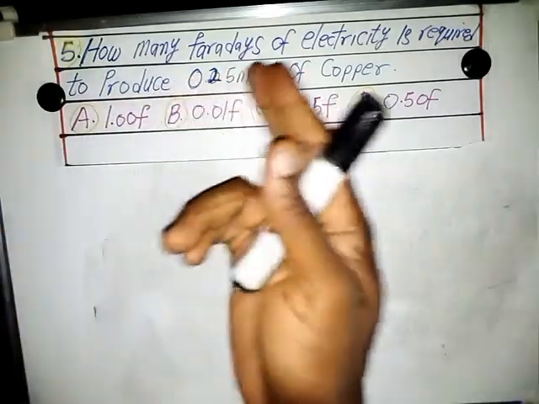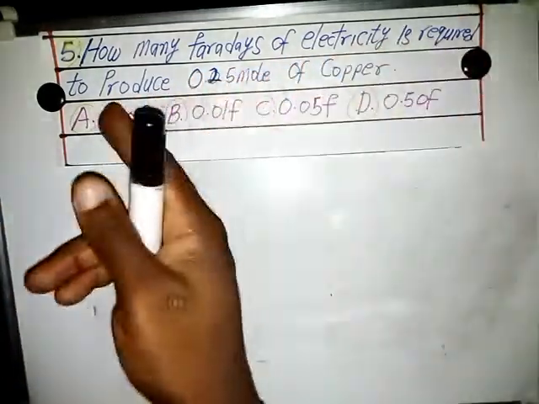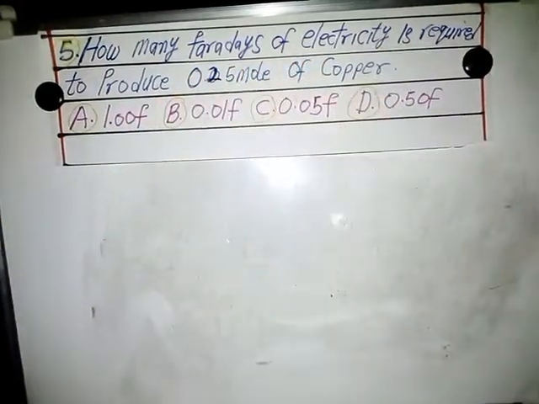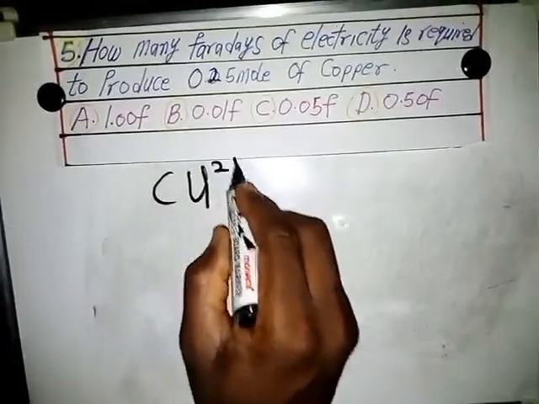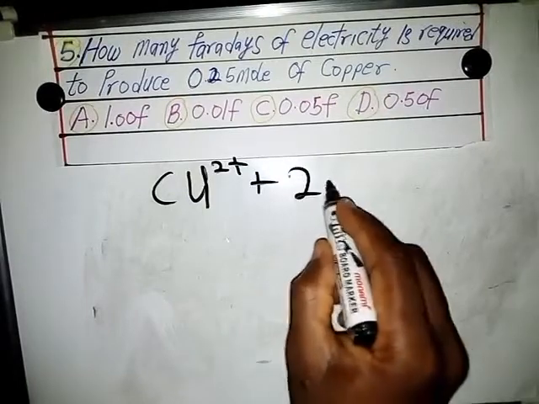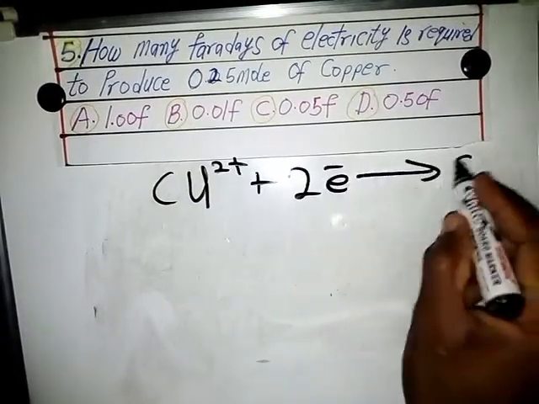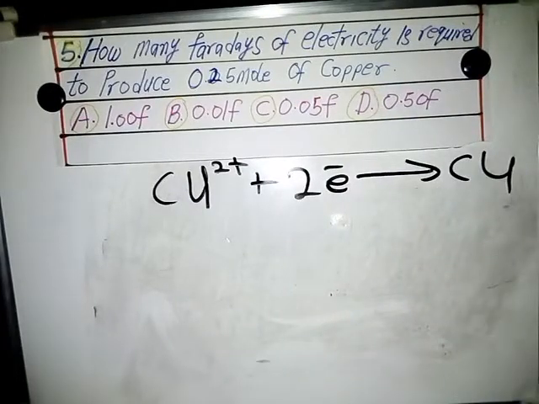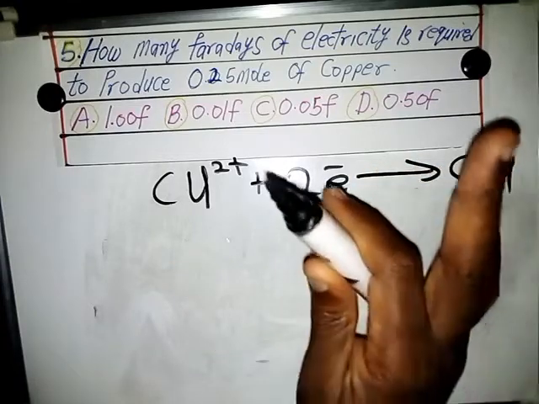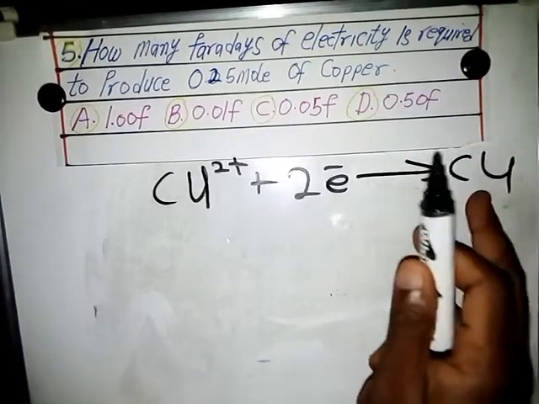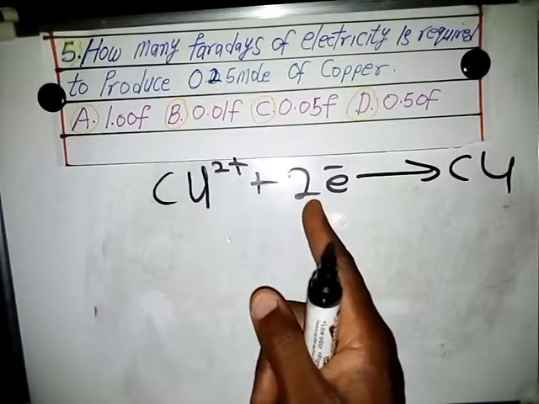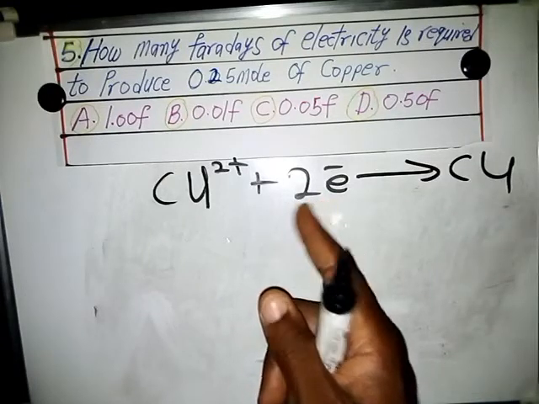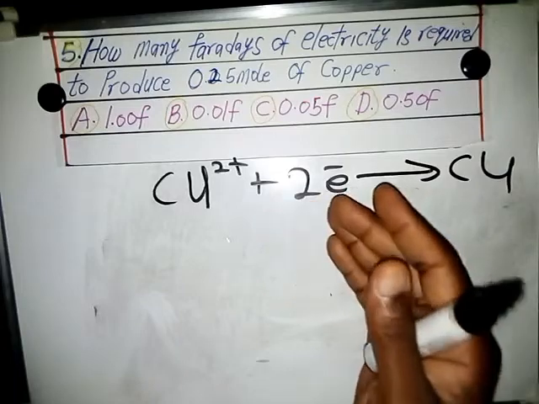How many Faraday is required to produce 0.25 mole of copper? Alright, we'll first write the half reaction. You know that one mole of copper is equivalent to 2 Faraday.